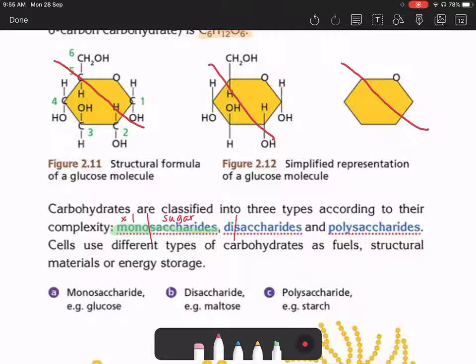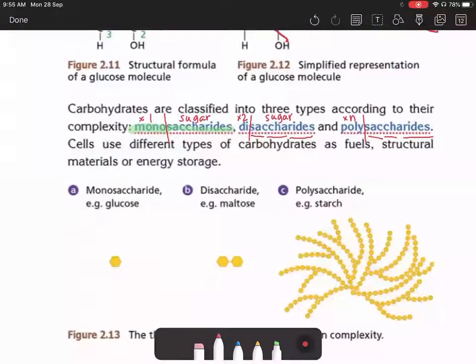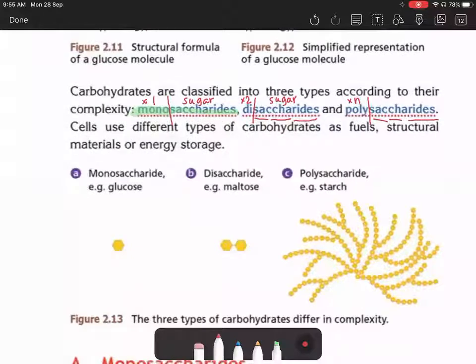However, if there are two, we call them disaccharide. If there are many, polysaccharides. Okay? So the smallest one should be monosaccharide, right? Let's look at the diagram here in your textbook, page 8.